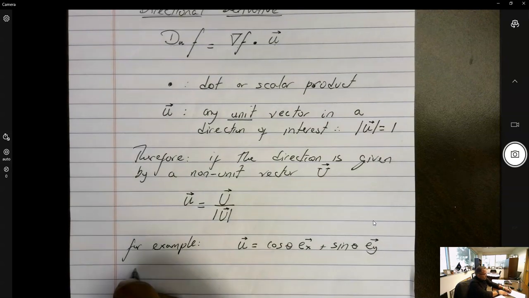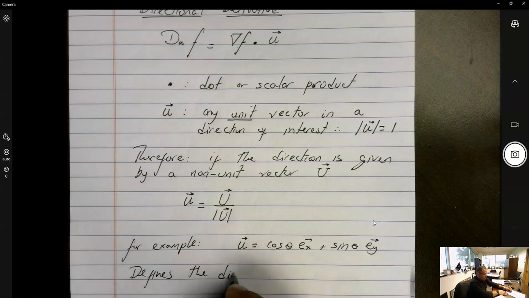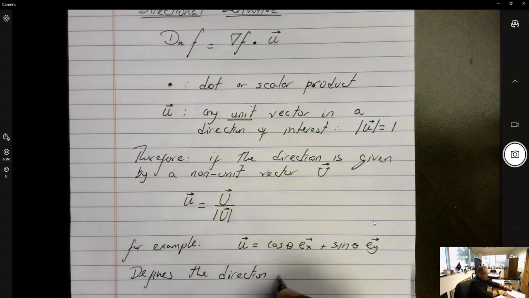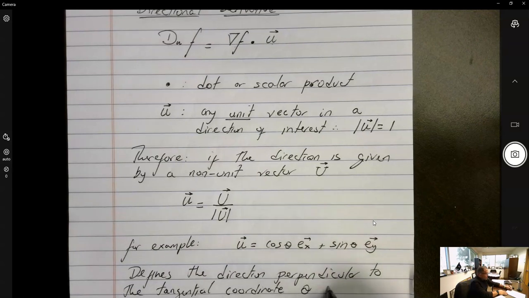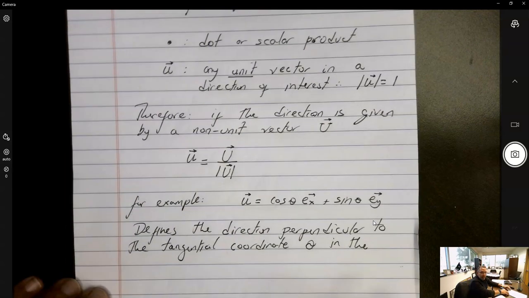So let's say that this defines the direction perpendicular to the tangential coordinate theta in the xy plane.